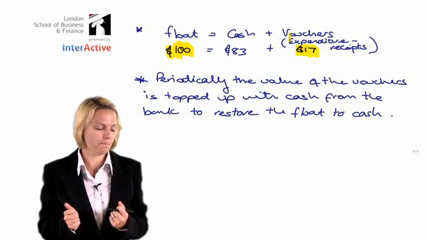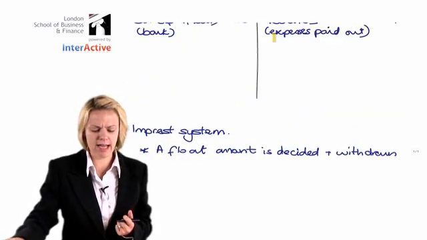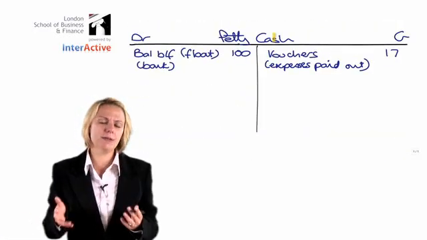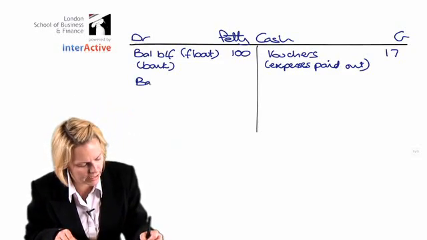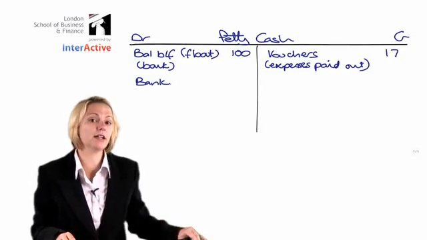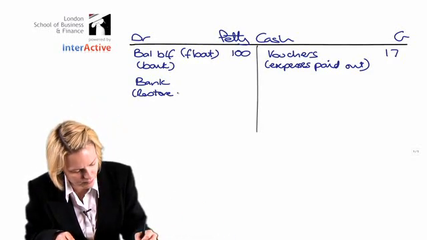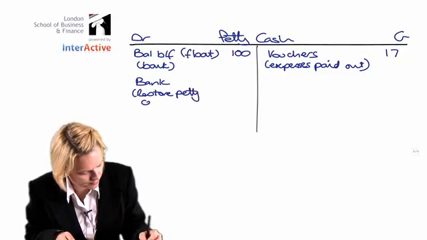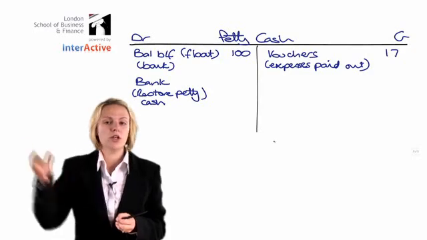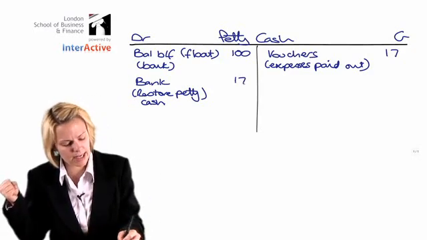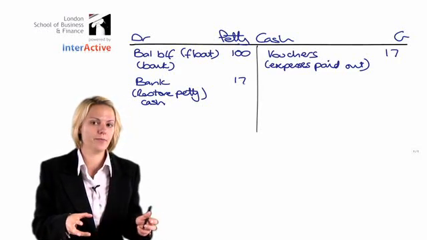So, if we go back up to the ledger account, at the end of the period, we are going to put money into petty cash from the bank, and we're going to restore petty cash to its float amount. So we'll credit $17 out of the bank and debit the petty cash asset.